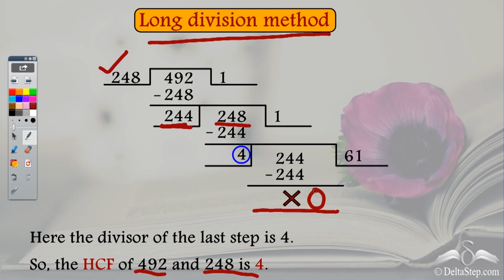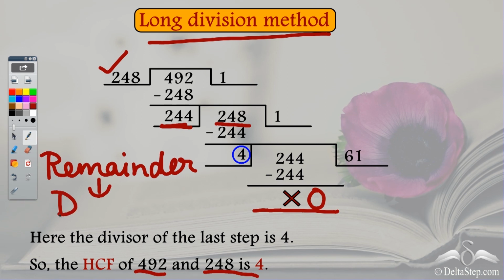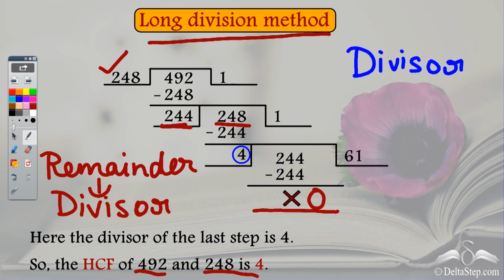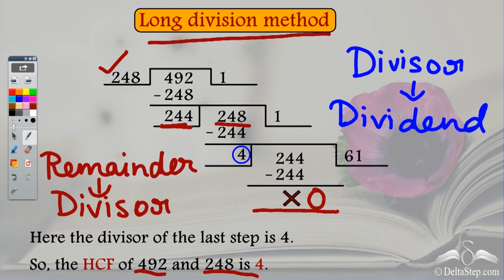So in every step, what is happening? Remainder becomes divisor. So divisor of this step is the remainder of previous step, and divisor becomes the dividend, or the number which is divided.